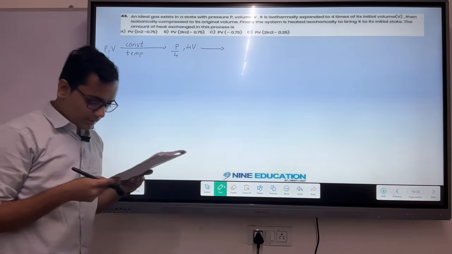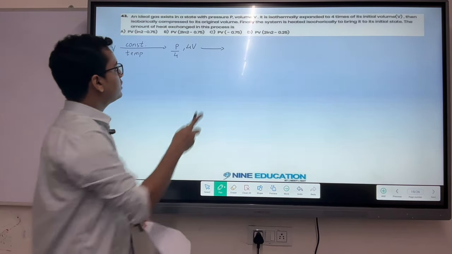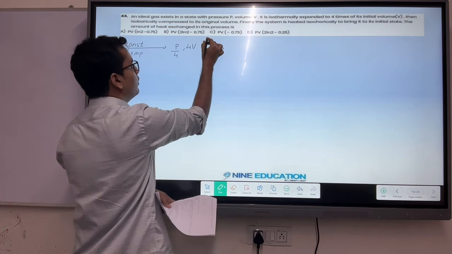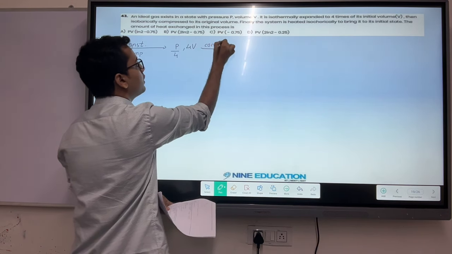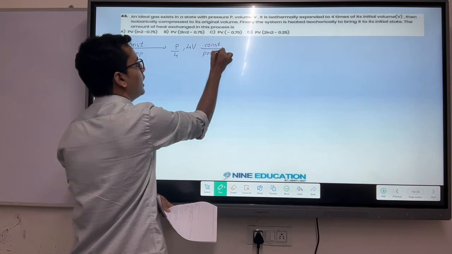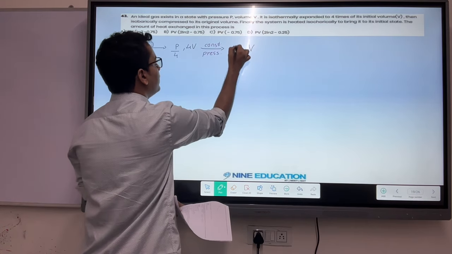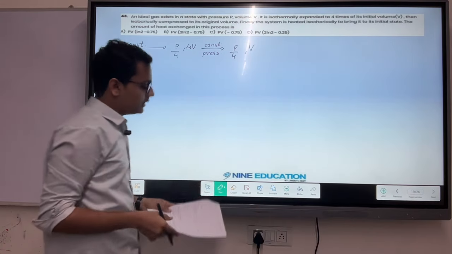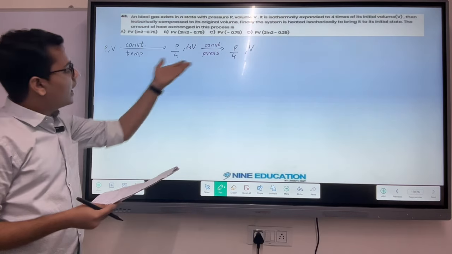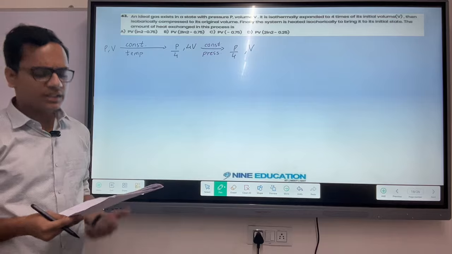Then they are saying it is isobarically compressed to its original volume. Now you have constant pressure. At the constant pressure, the volume becomes V, compressed to its initial volume. Isobarically means pressure is constant.